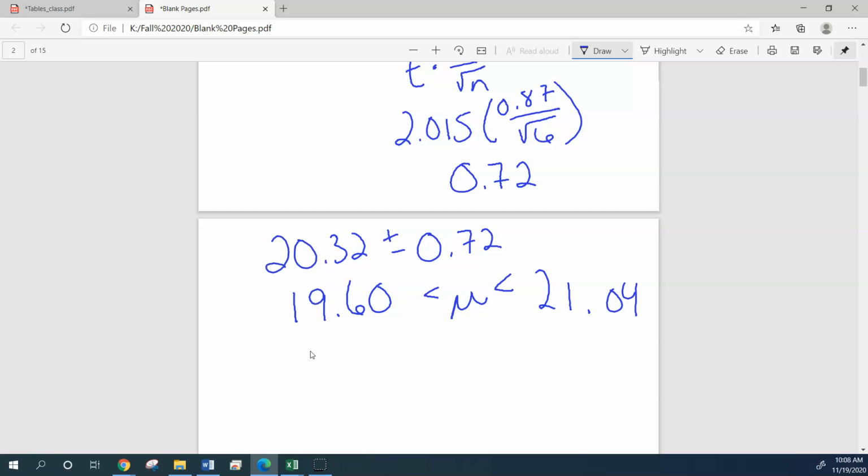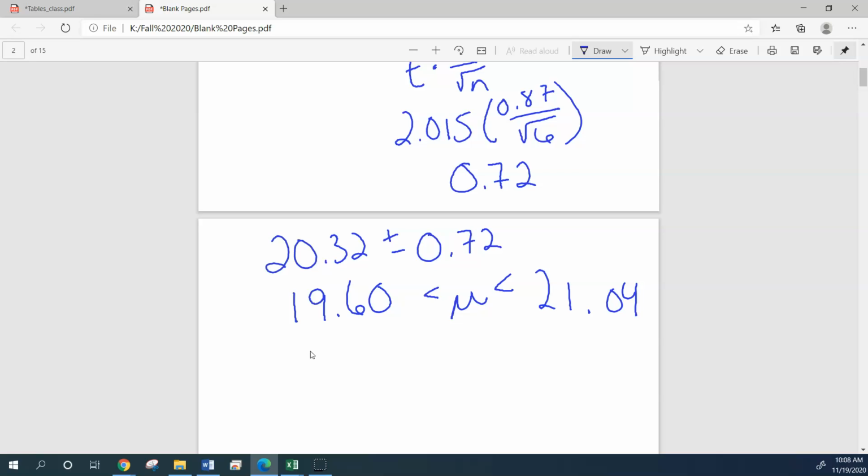This should technically be our confidence interval. Now we may have a little bit of leeway, especially with Connect Math, because they may allow us more leeway with our standard deviation.